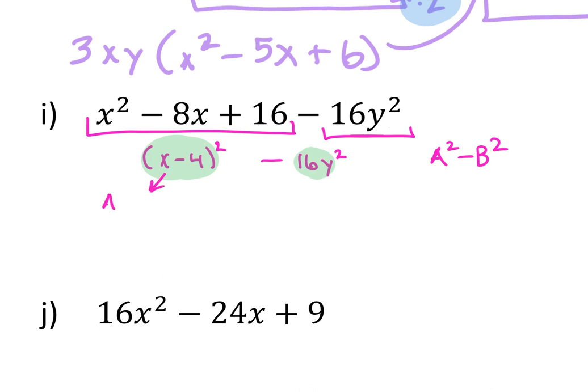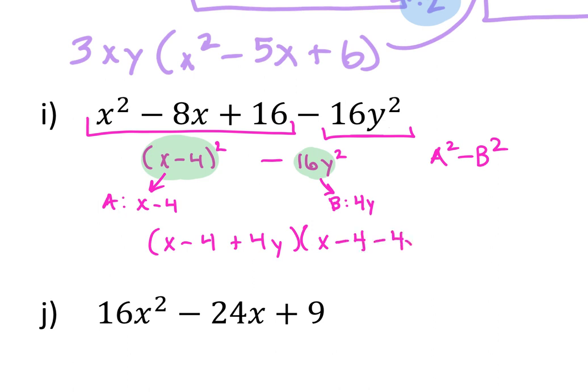So my a will be x minus 4, and the b will be 4y. So we end up with x minus 4 plus 4y, x minus 4 minus 4y.